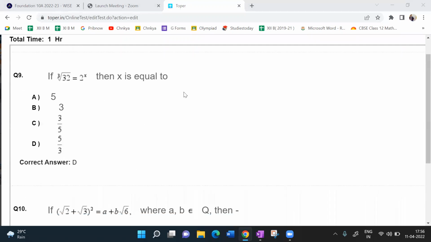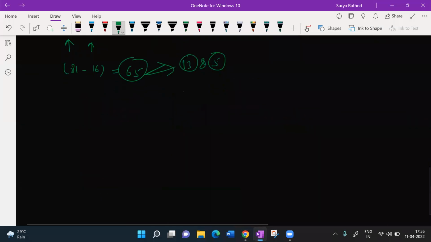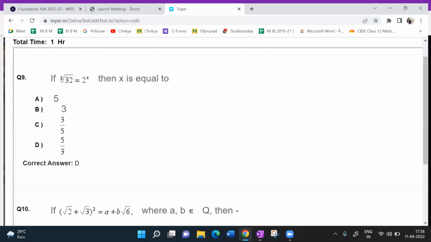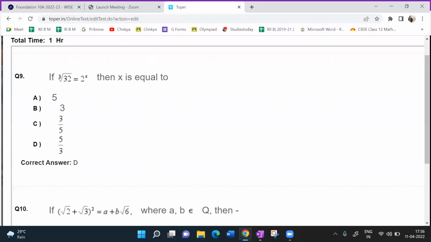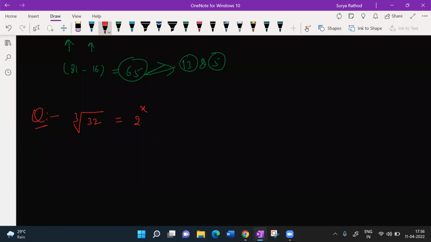Look at this, what you have to do here. Let me teach you: cube root of 32 is equal to 2 to the power of x. How can you solve this?